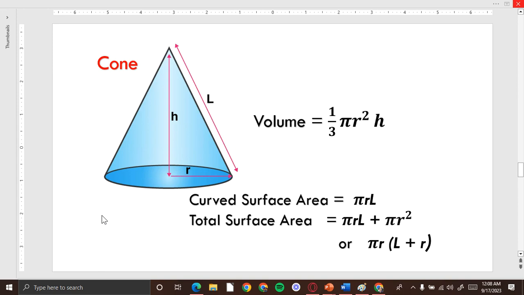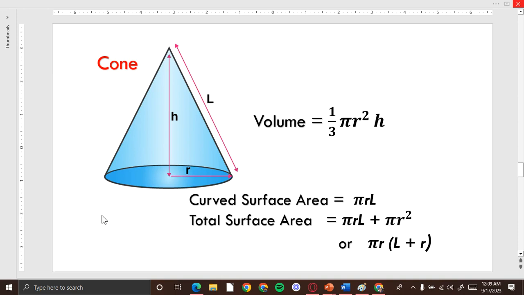Cone. For the cone, volume is equal to 1/3 of pi r square h. We already know pi r square h is the volume of a cylinder. So for the cone, we will take 1/3 of that cylinder, that is 1/3 pi r square h.